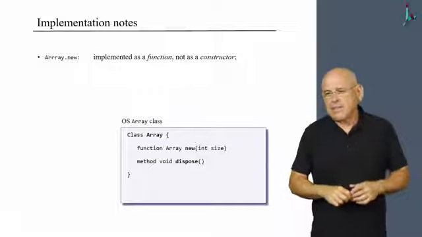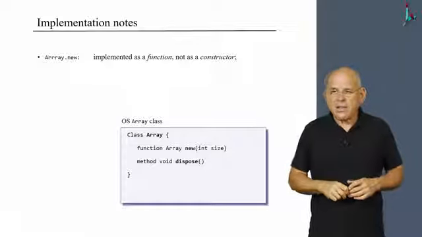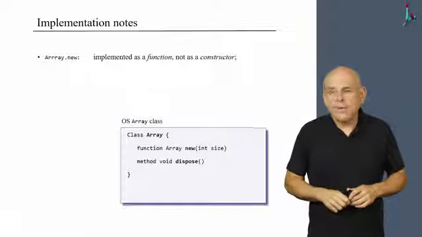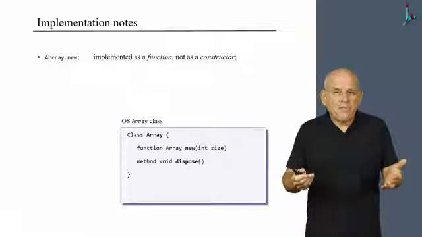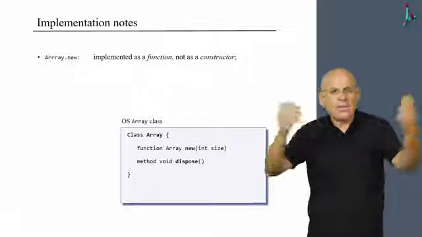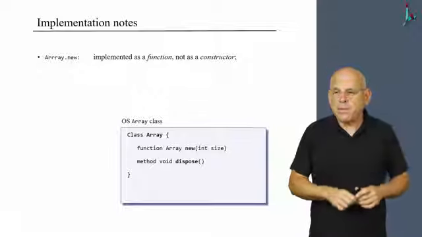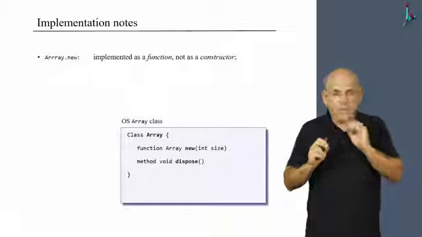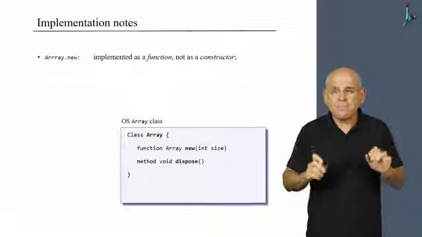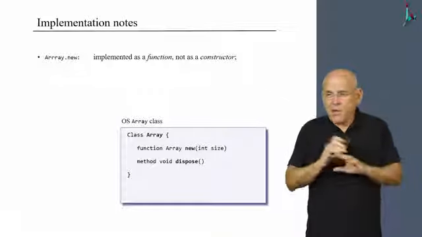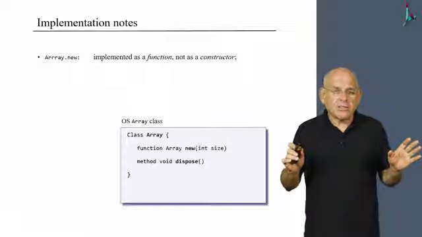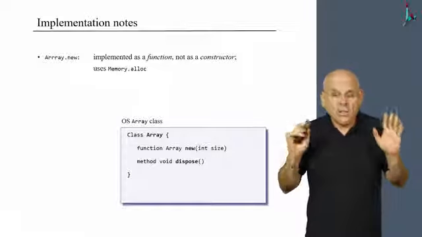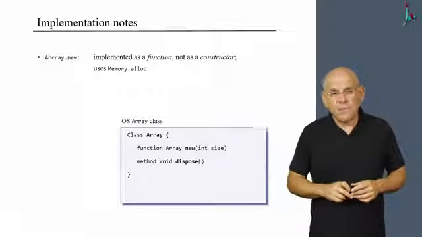So in order to avoid all this unnecessary symbol table access and processing, we simply use a function. When the compiler compiles a function, it doesn't go to the symbol table, it doesn't do anything special. All we have to remember, however, is that no one is going to call alloc for us, because this is not a constructor. So we have to call alloc explicitly.